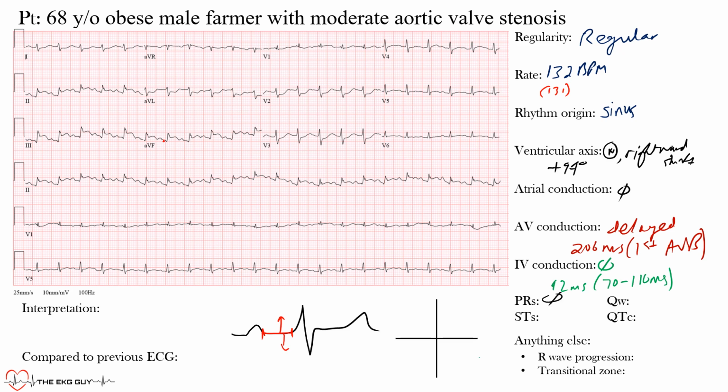Next we're looking at Q waves. There's no Q wave here, but a Q wave would be something like this. It'd be the first negative deflection. Remember, this is an S wave, this is an R wave, this is an R wave. So a Q wave is the first negative deflection of the QRS complex that comes before an R wave.